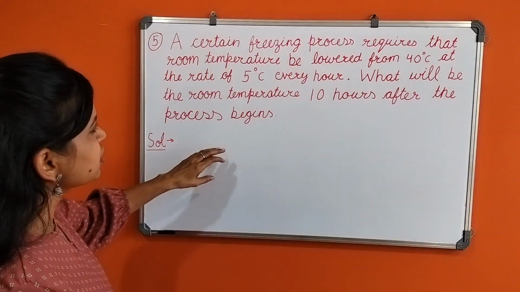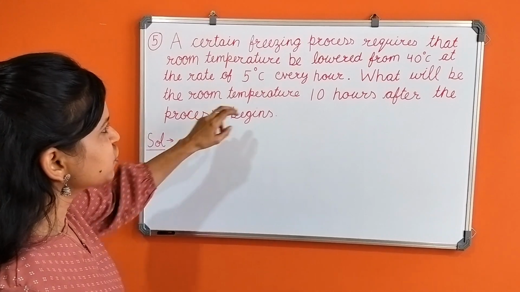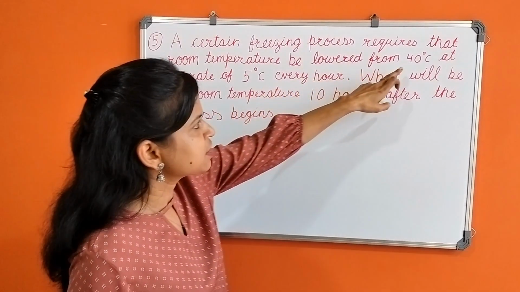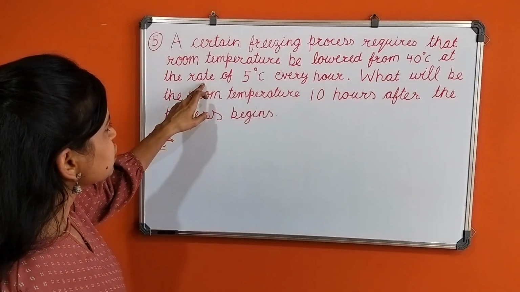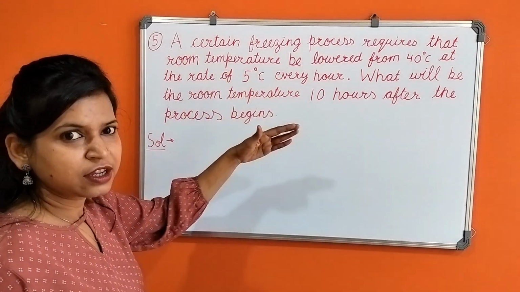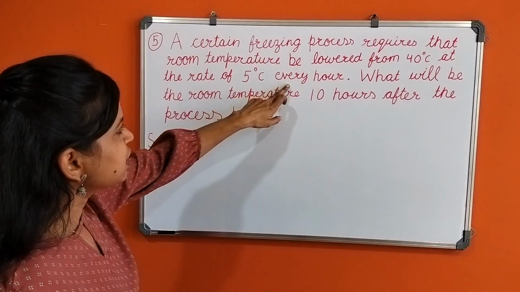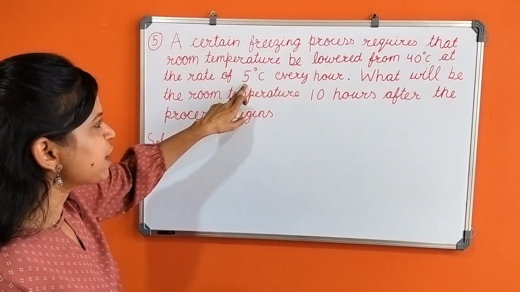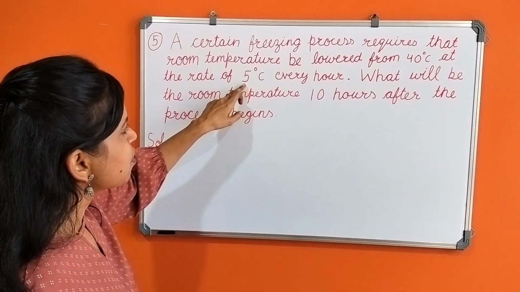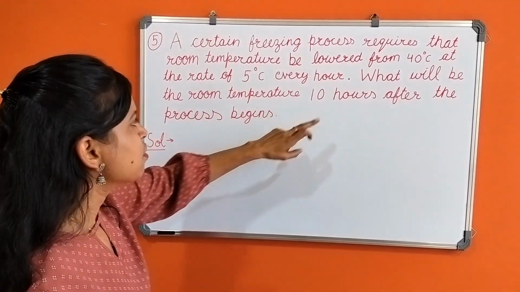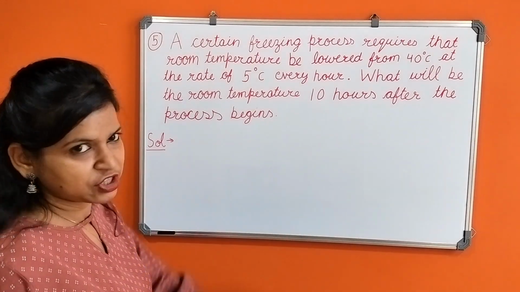In this question, what it is saying is that initially the temperature is 40 degree centigrade and slowly the temperature is getting down. So every hour, in 1 hour, 5 degree temperature is getting down. So after 10 hours, what will be the temperature?